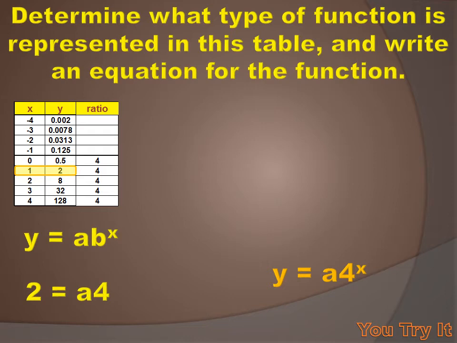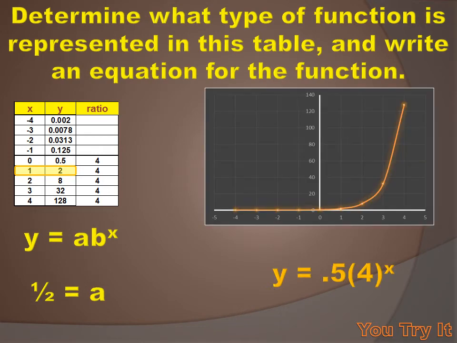I divide both sides of this equation by 4, and I get 1/2 equals a, or 0.5 equals a. And I can substitute that value into y equals a times 4 to the x power, and I get y equals 0.5 times 4 to the x power.